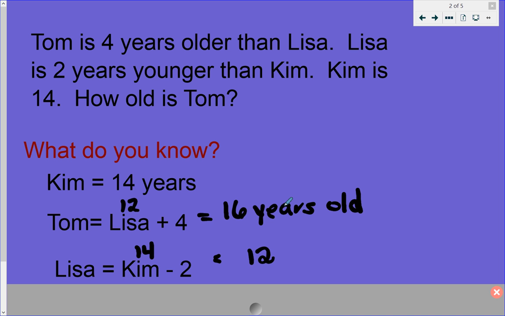And if we plug that back in, it should work. Tom is 4 years older than Lisa. We said Lisa was 12. 12 plus 4 is 16. Lisa is 2 years younger than Kim. Kim minus 2 is 12, which is Lisa's age, and Kim is 14. So we have those answers right.